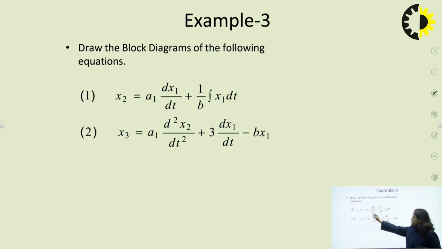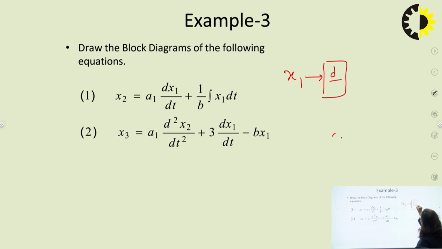So consider this as an example. Here the input is x1. First of all, this input is differentiated, that is d by dt, which generates d by dt of x1. Then this is passed through a gain of a1, which generates a1 into d by dt of x1.